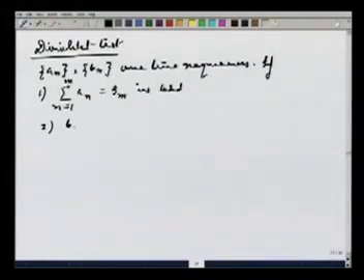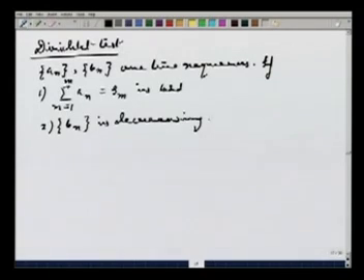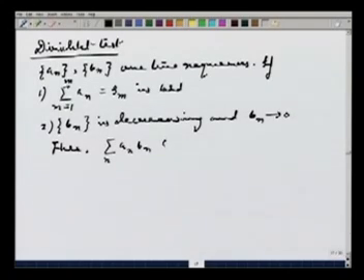Number 2, bn is decreasing and bn converges to 0, then the summation over n of an bn converges. This is called the Dirichlet test.